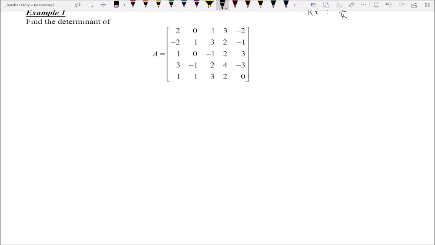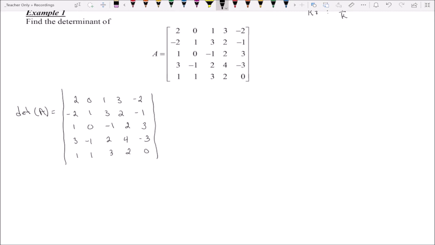So here's what we do. Start with the actual matrix. Now, the goal here is not to reduce it into REF.